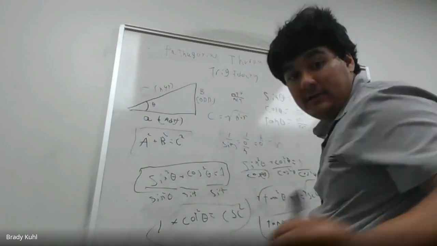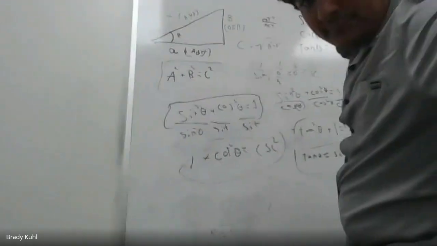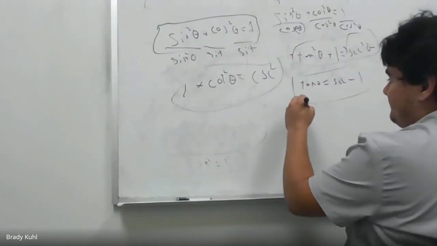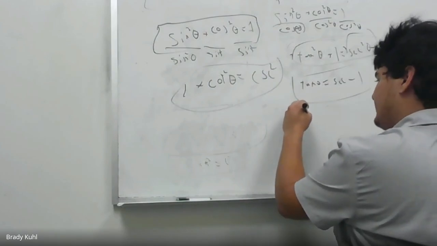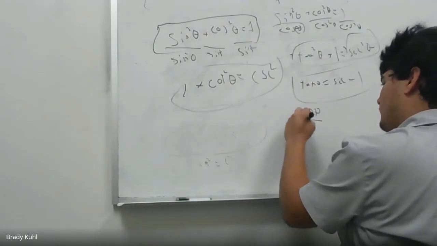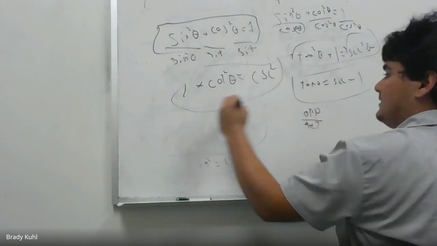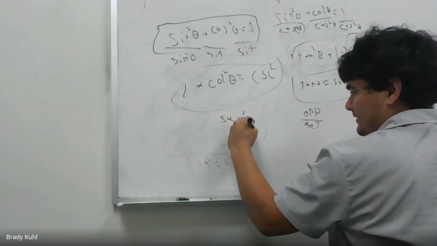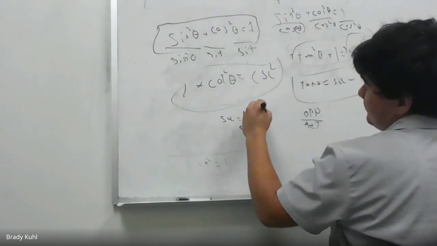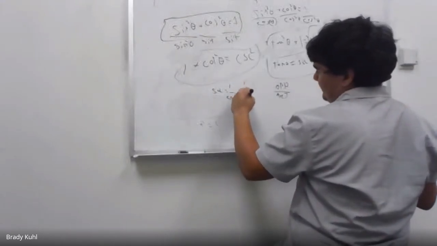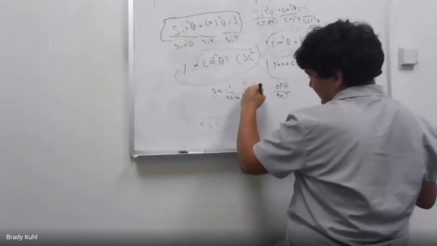And you find out if that's right, and you plug in the values. Secant is 1 over cosine of theta, which is 1 over a over h, or h over a.